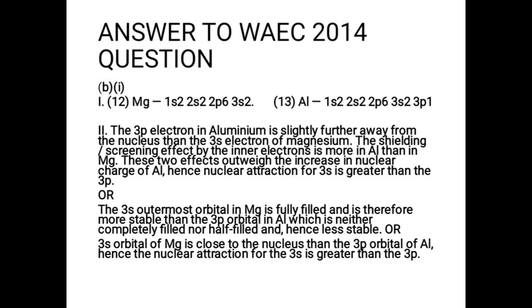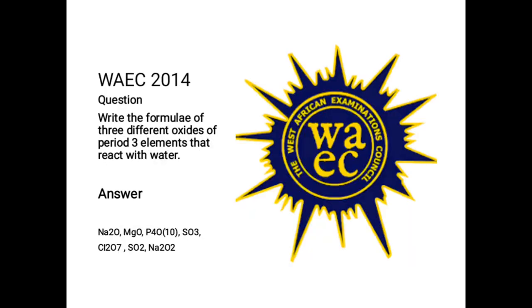So the screening or shielding effect is more in aluminium than in magnesium. These two effects outweigh the increase in nuclear charge. Hence, the nuclear attraction of 3s is greater than that of 3p. And of course there is another way to answer it. So these are possible answers you can give to that question.